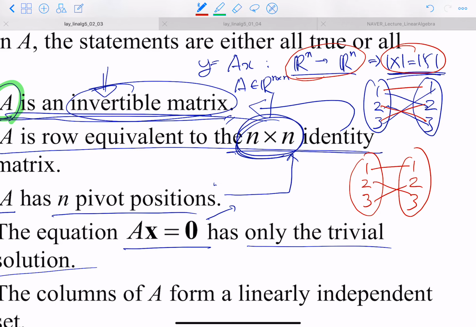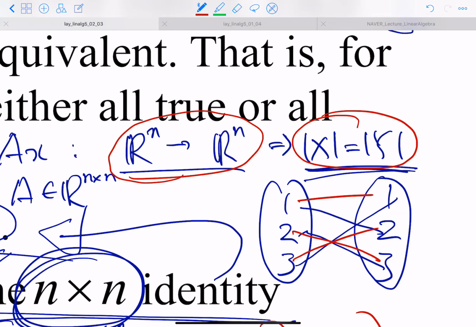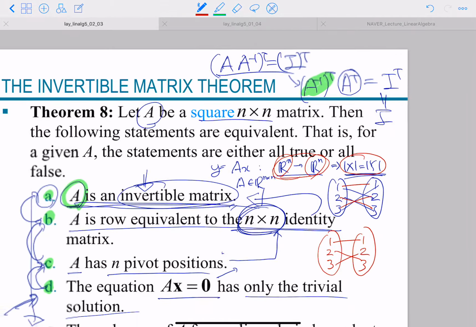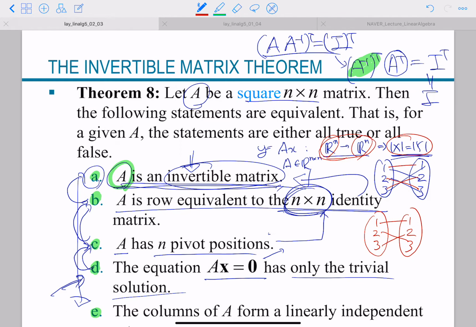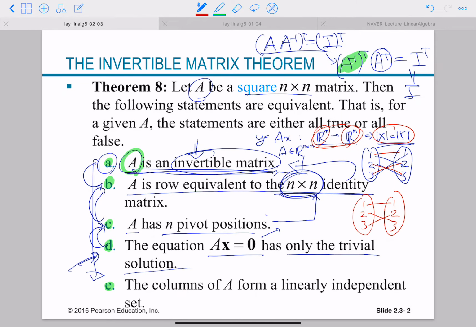Although their number of elements is infinitely many, by the fact that they are the same dimensional space, we can think that their numbers of elements are the same. In this case, if it satisfies only 1-to-1, then it will automatically satisfy onto as well. So it is always true, right? Okay, so back to this theorem.